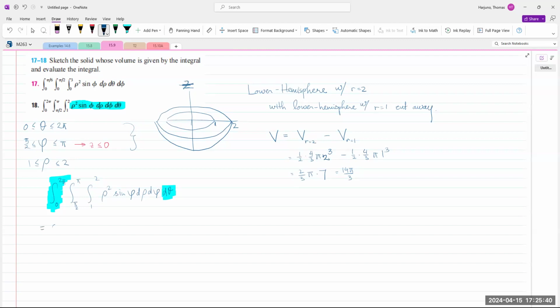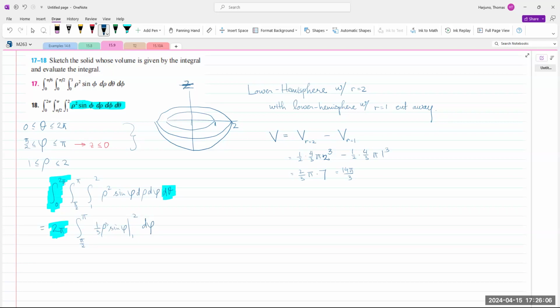So this will be just 2 pi, and then integral from pi over 2 to pi of, I need to integrate with respect to rho first, so that will be 1/3 rho cubed sine phi from 1 to 2 d phi.